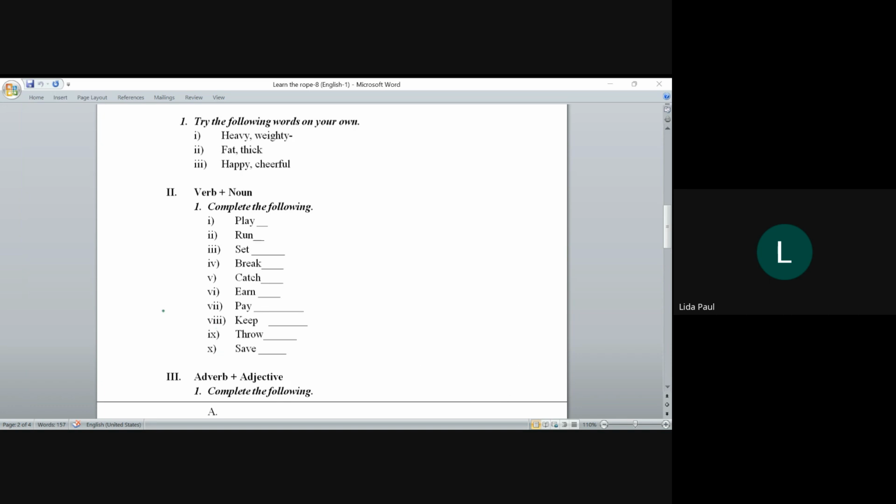Next is keep. Keep in touch, not keep, right? You're bringing in a preposition. We want only determiners, right? So yeah, keep the change is fine. That's fine enough.